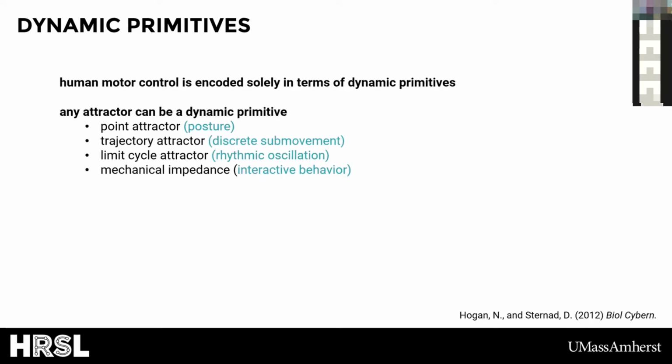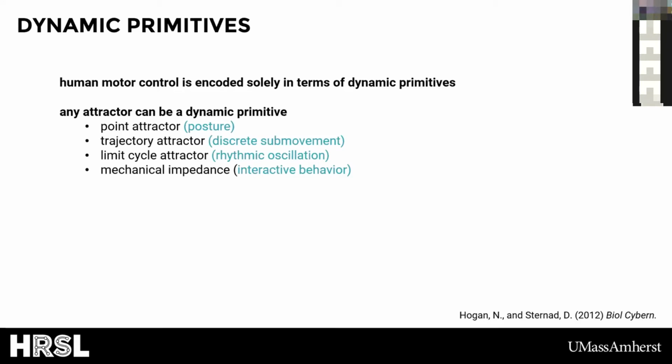Some examples are point attractors, trajectory attractors, and limit cycle attractors. These three forms of attractors are alone sufficient to describe how humans would generate unconstrained movements, or movements void of any contact. But to describe physical interaction, you need an additional primitive, which is mechanical impedance.